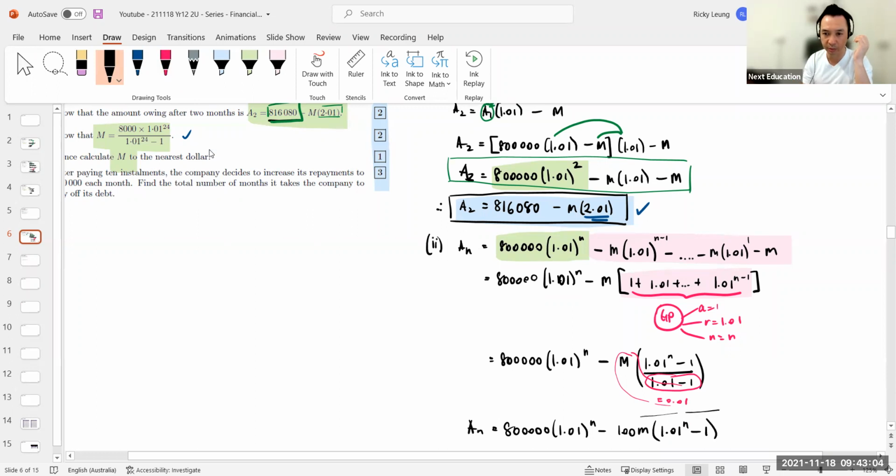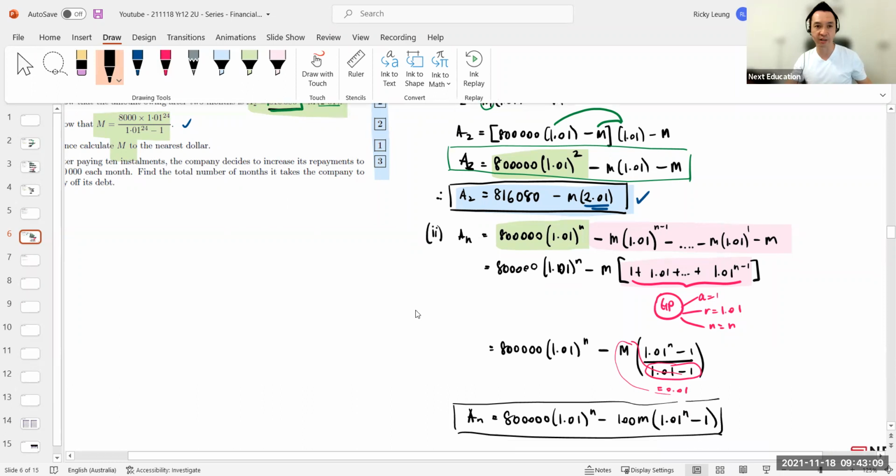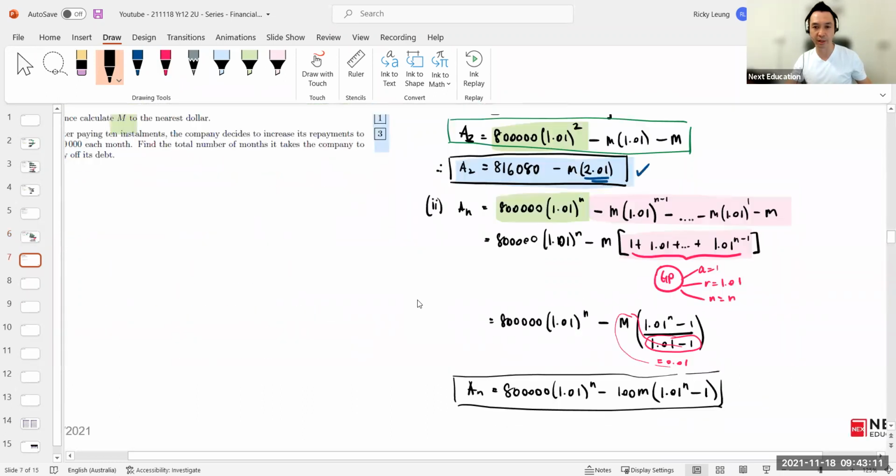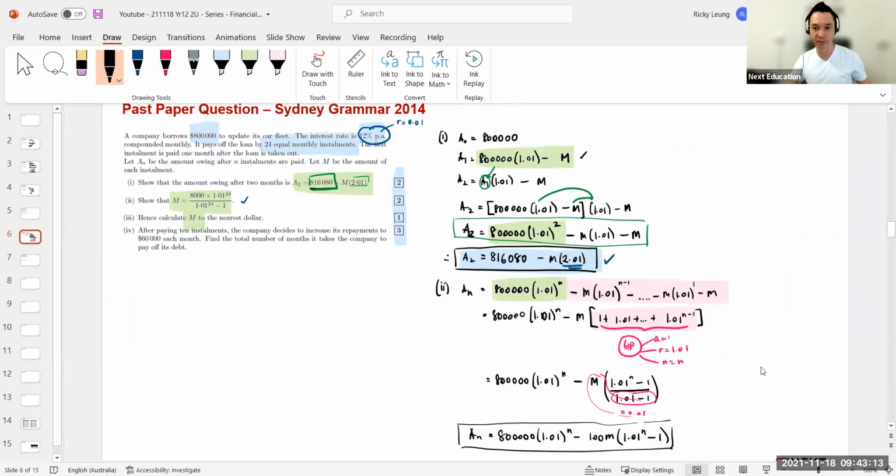So if that was textbook, I now need to find the value of the monthly repayment. Looking at this, I say to myself, when n equals 24, a 24 is 0. The whole loan's paid off.